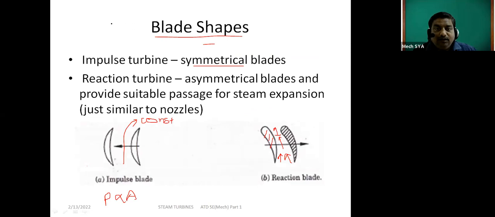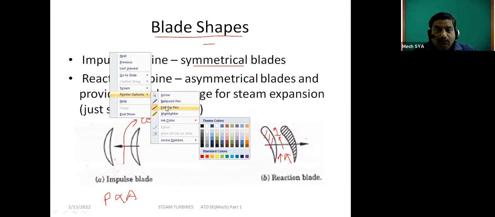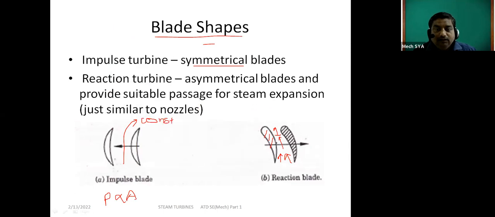So in the impulse turbine, symmetrical blades are there. We have seen the reaction turbine blades are aerofoil, or we can say unsymmetrical blades.